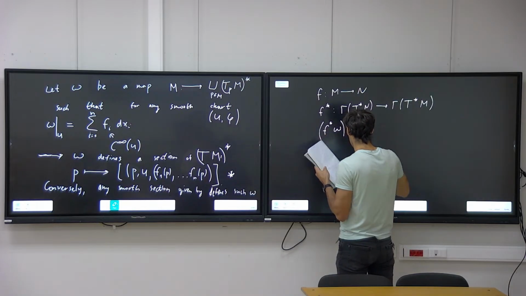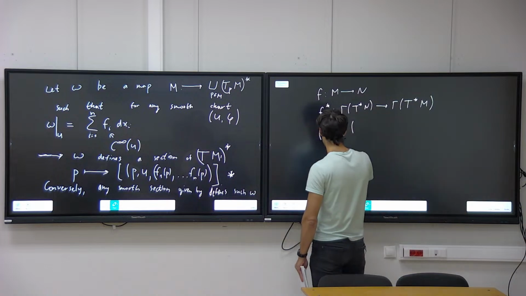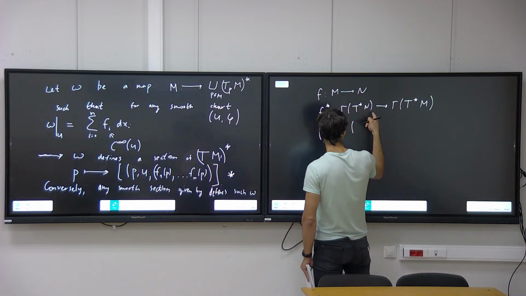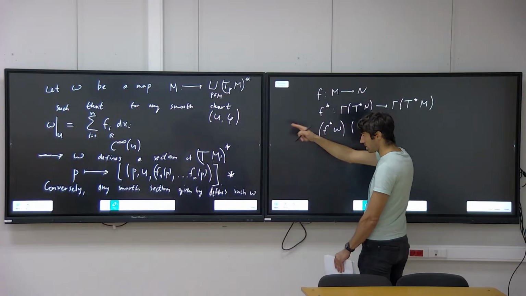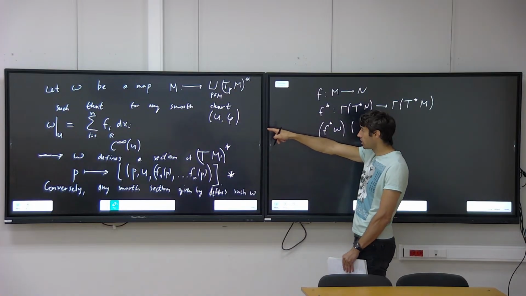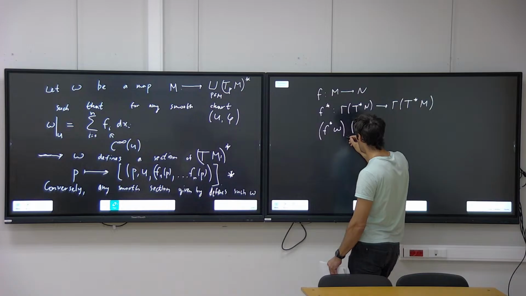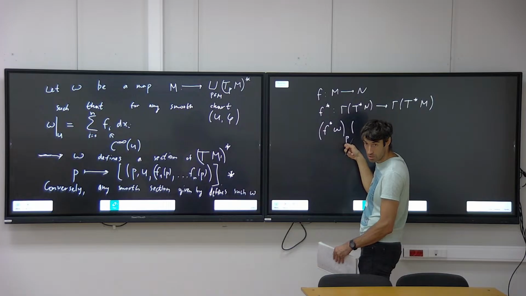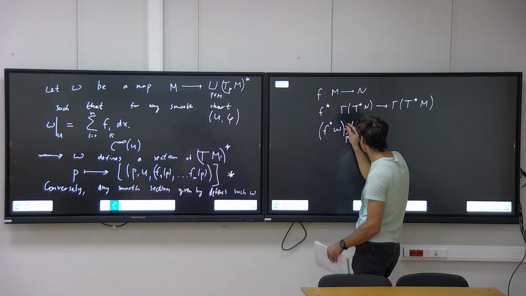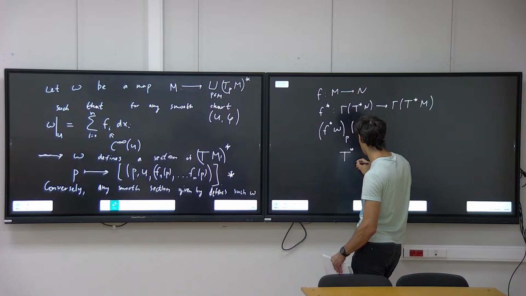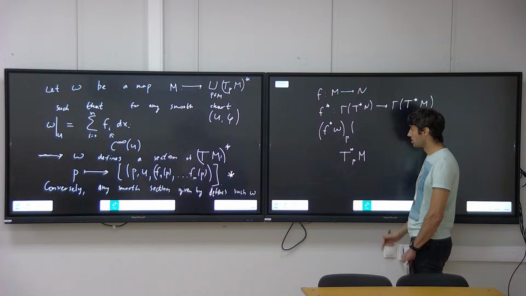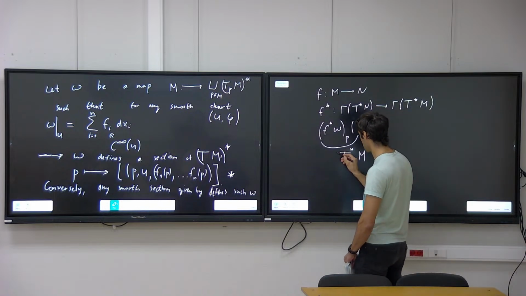So omega is an element in here, and then I'm thinking now of sections of T star M as such functions. And the value of such a function at the point p I will denote like this, so I just write p as a subscript. Okay, so now this guy should live inside T star p M, like that.